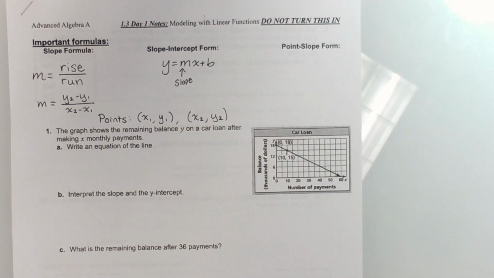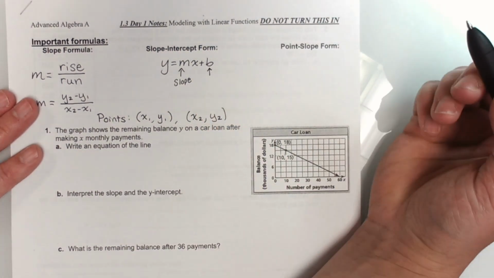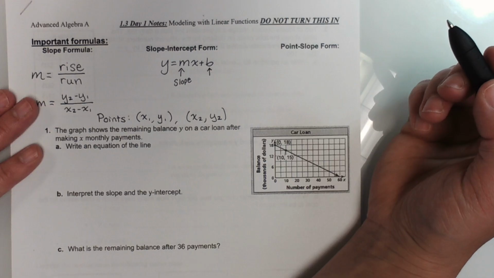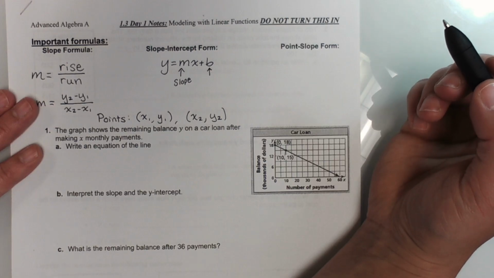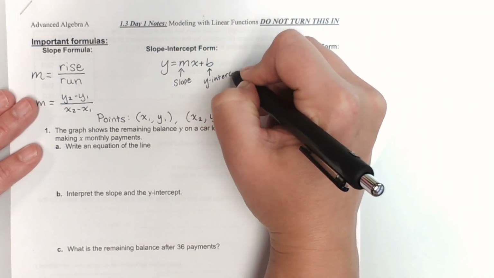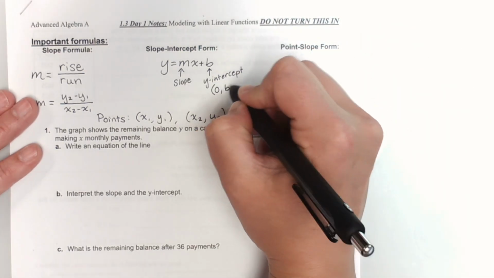So that y equals mx plus b, we got y equals slope times x plus the base. Hint, it's called slope-intercept form. The y value of the intercept, the y-intercept. Specifically, it's at the coordinate point 0, b.